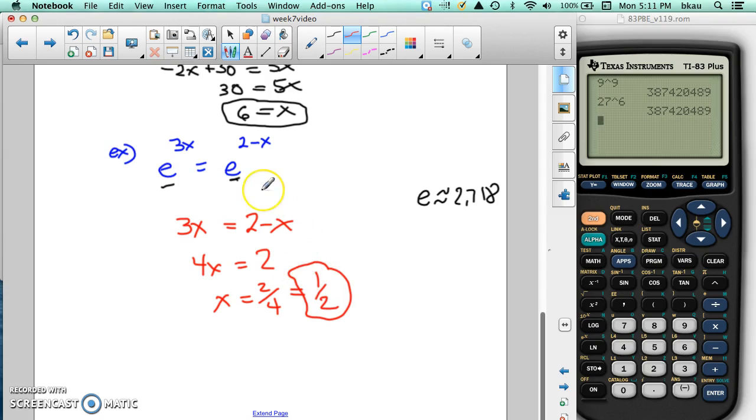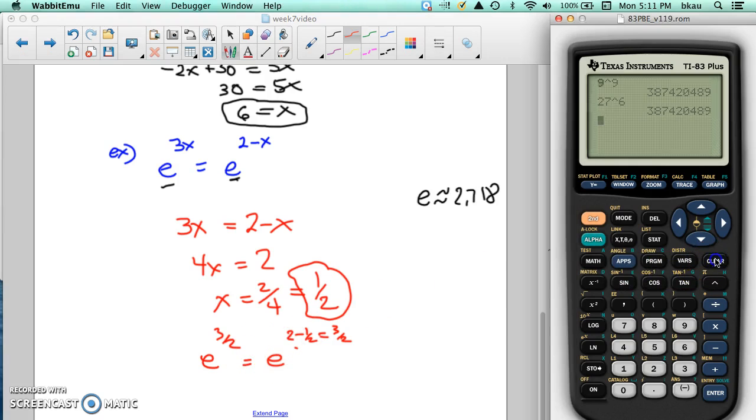And we could test that out on our calculator. So that one would be e to the 3/2 equals e to the 2 minus 1/2, which is still e to the 3/2. So that should be the same because the exponents are the same, bases are the same. Well, I didn't need my calculator there.